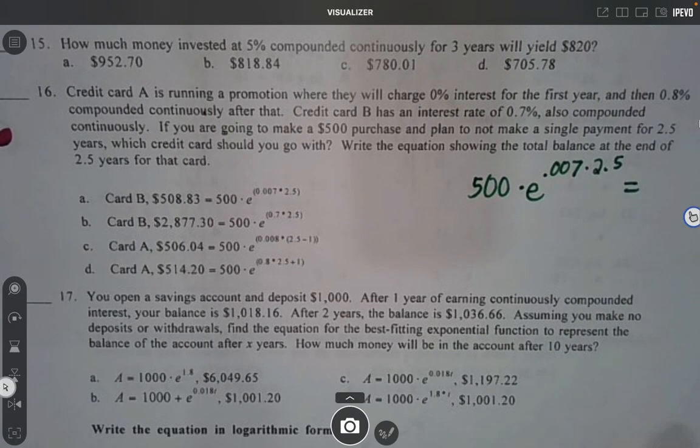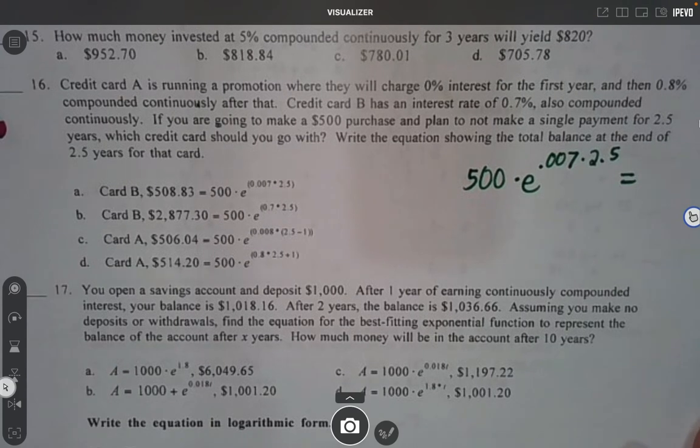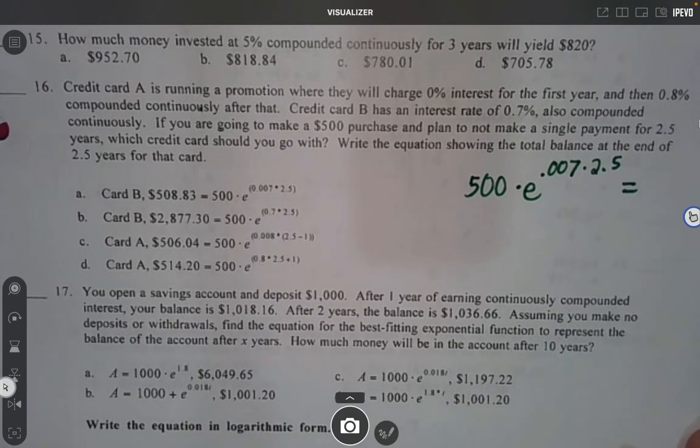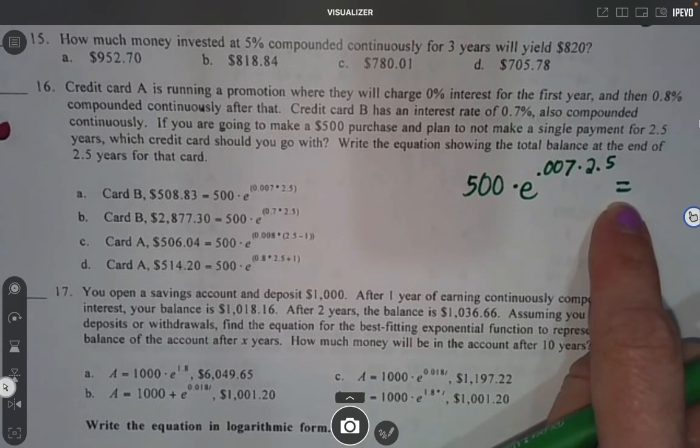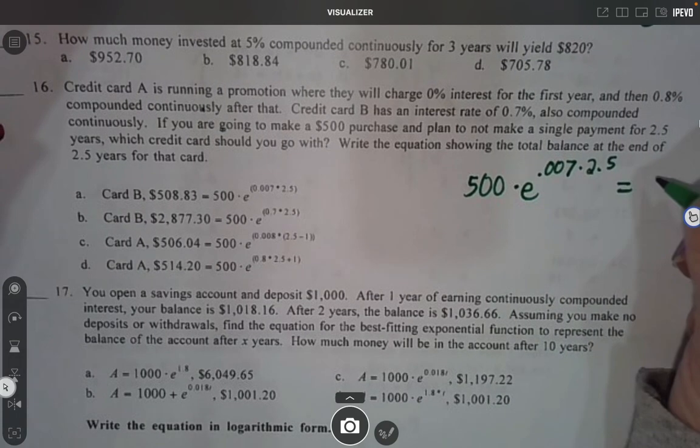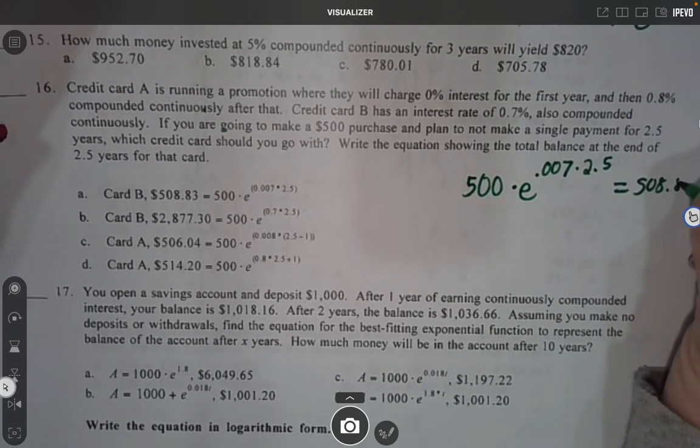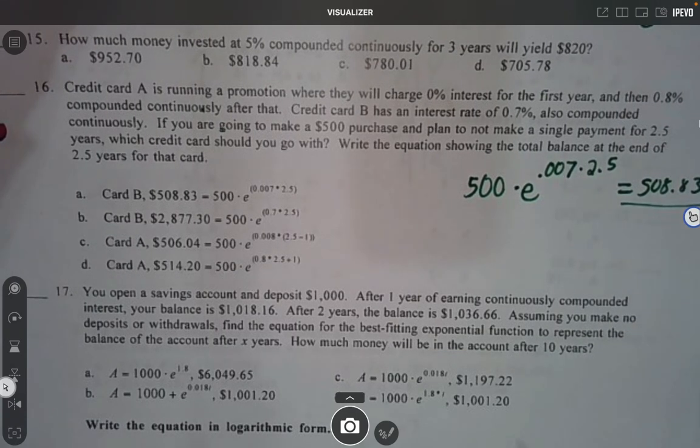Let's see what that one equals. 508.83. So that's the amount for card B.